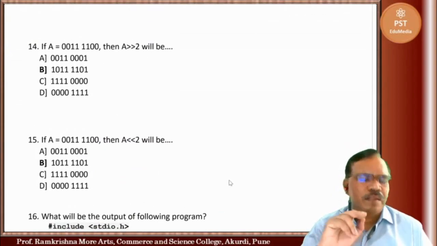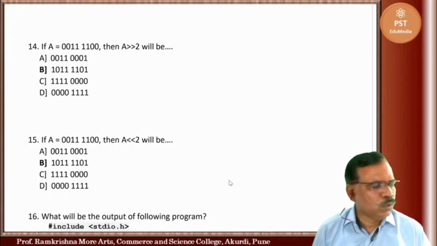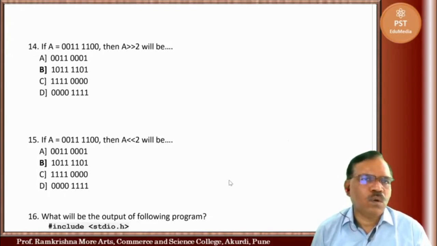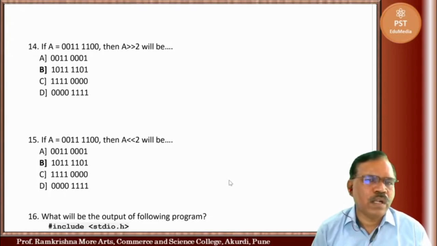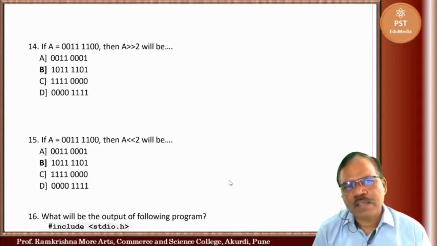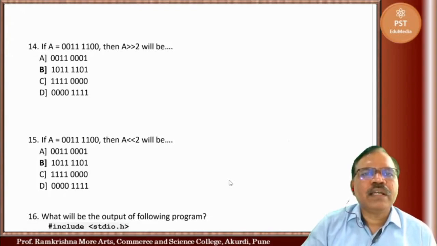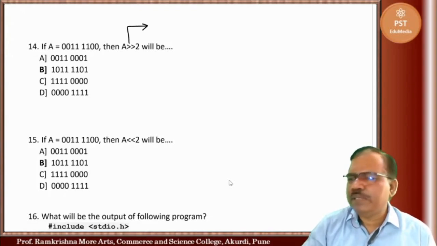Now here, the 14th one: if A is equal to 0, 0, 1, 1, 1, 1, 0, 0, an 8-bit binary number, then A greater than 2 will be. Now here, greater than means what?